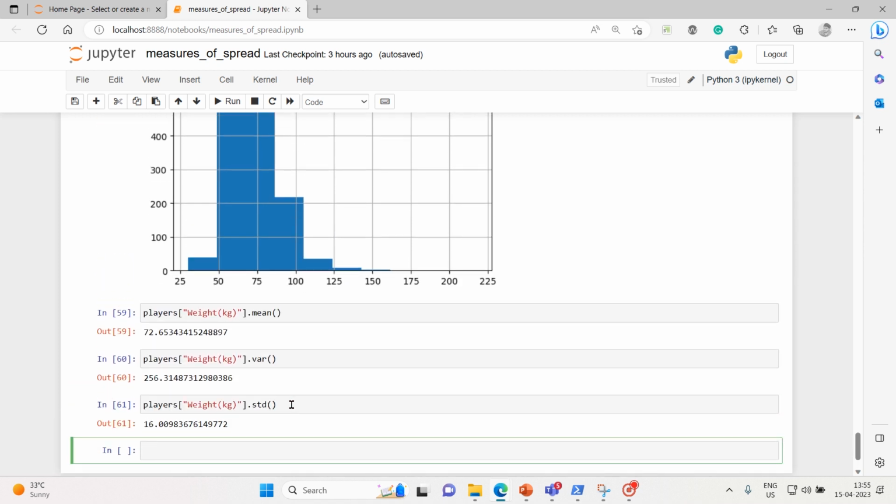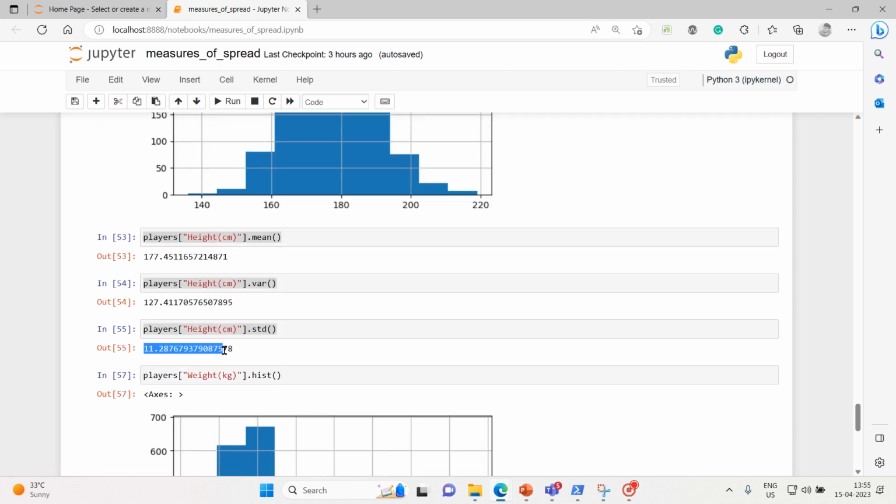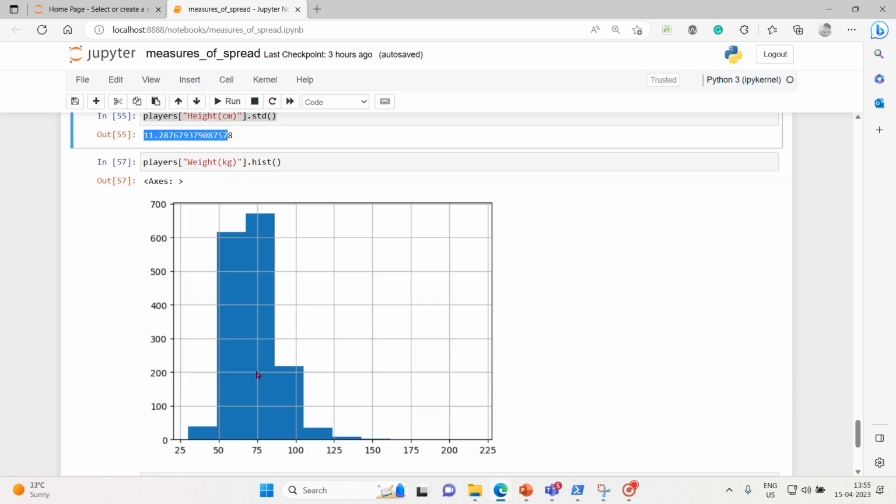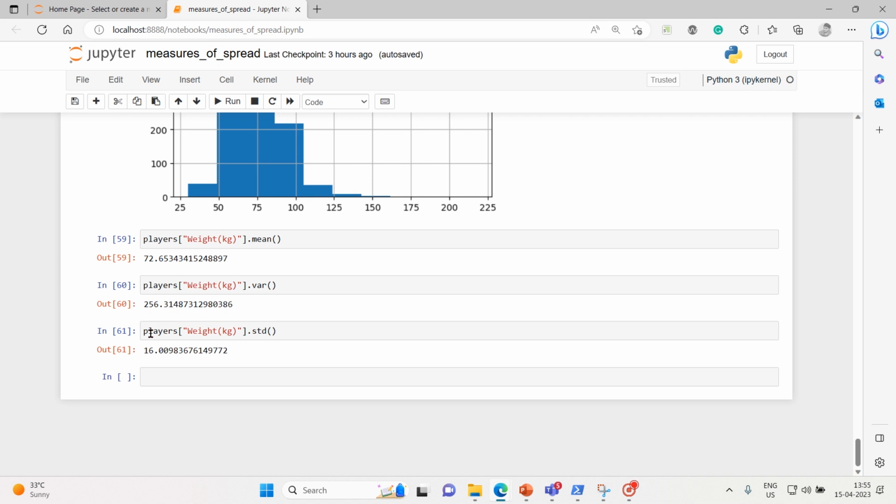The standard deviation here is 11 centimeters, which is also smaller, not that big, so this is closely packed. Here also the standard deviation is 16 kg, which is also closely packed.